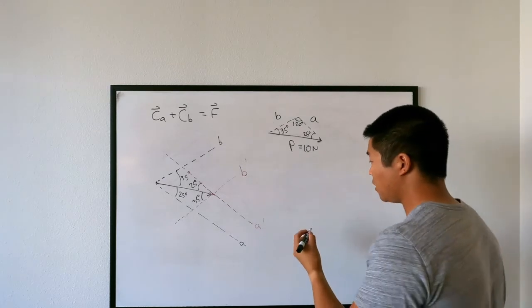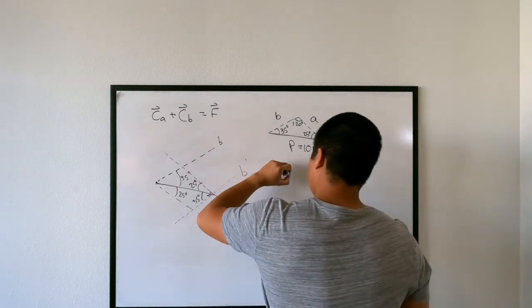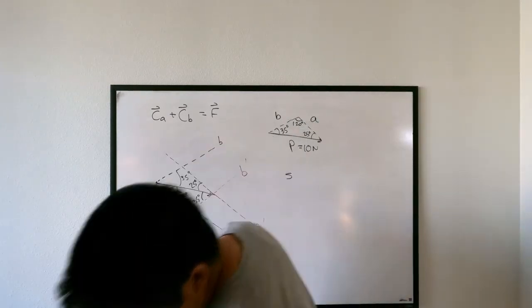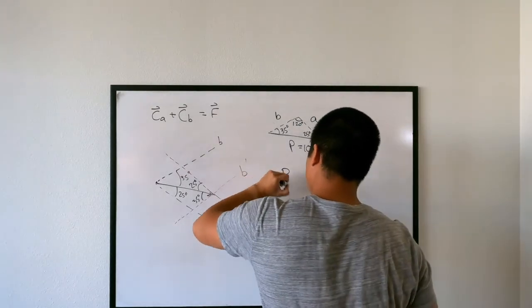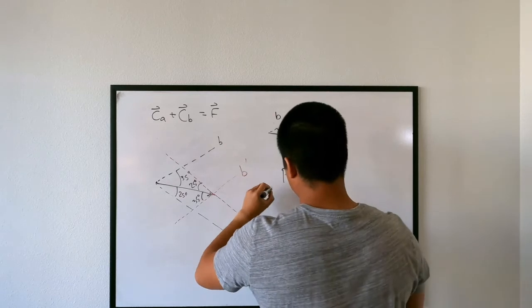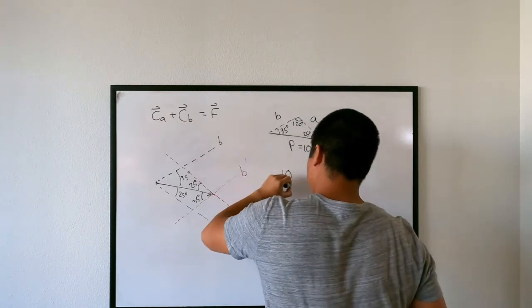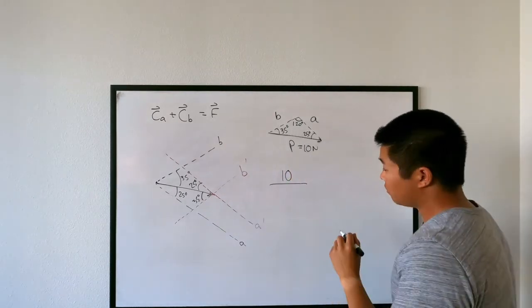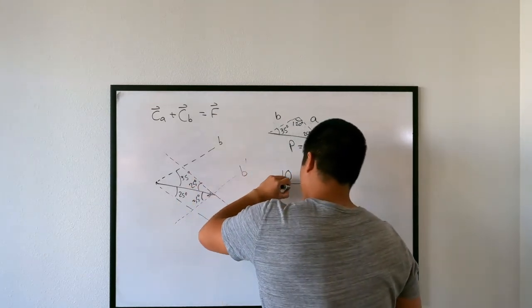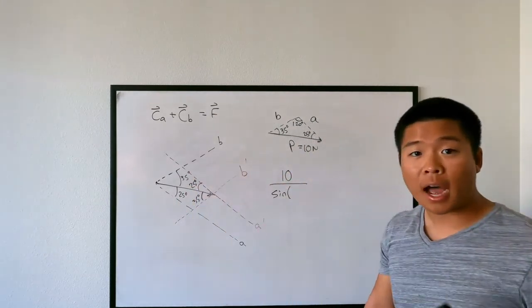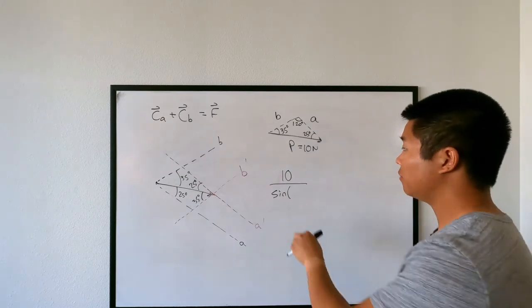So I use F on top, so P, which is 10, the value of P, divided by sine of the angle that's opposite of this.